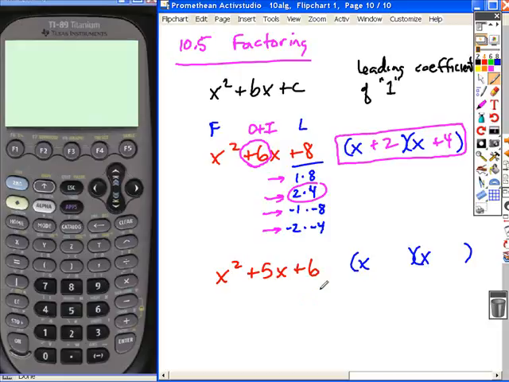They're both positive or they're both negative, and their sum has to be 5. So if you look at this, 1 and 6, 2 and 3, and then the negatives of these. But since the sum is a positive number, you don't even need to consider the negatives. So which of these pairs will work? 2 and 3. And so once again, you can find your factors pretty quickly that way.